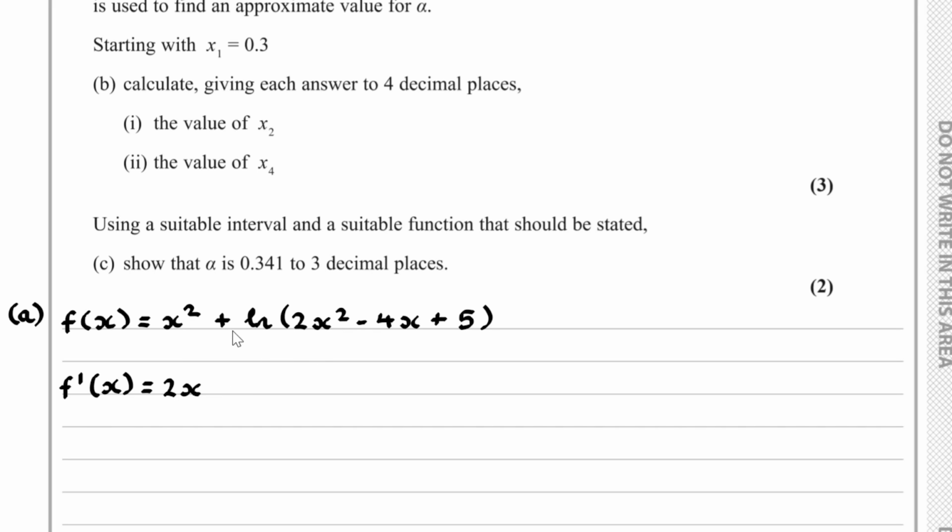And if we differentiate the natural log of 2x squared minus 4x plus 5, what belongs on the denominator is 2x squared minus 4x plus 5. And if we differentiate this, we end up with 4x minus 4.